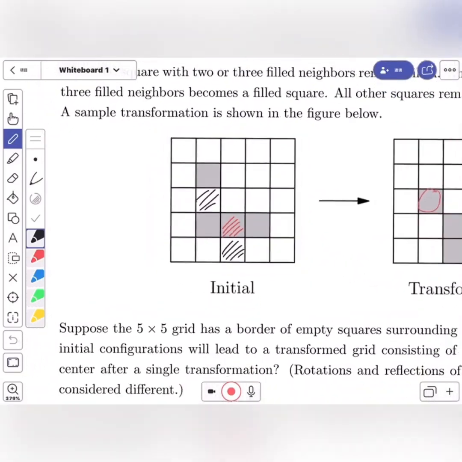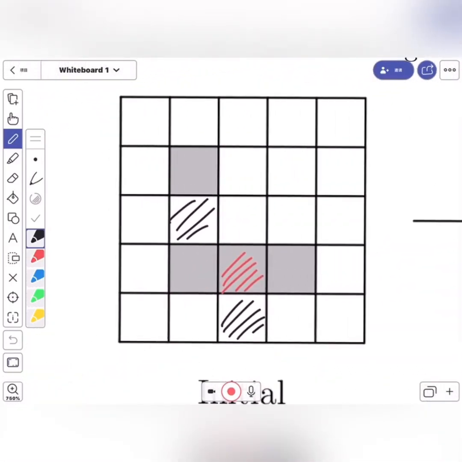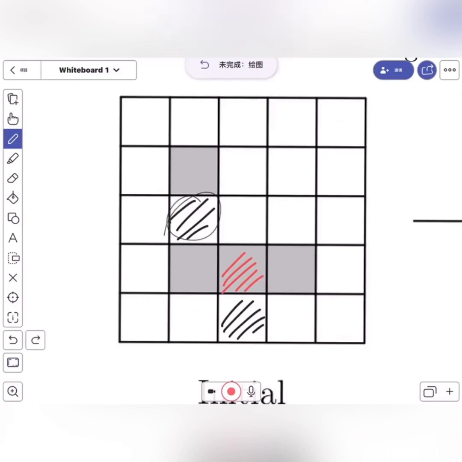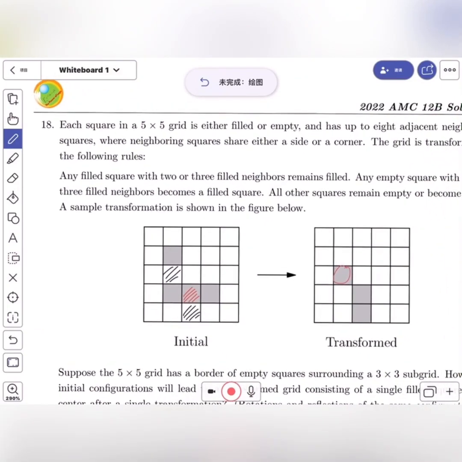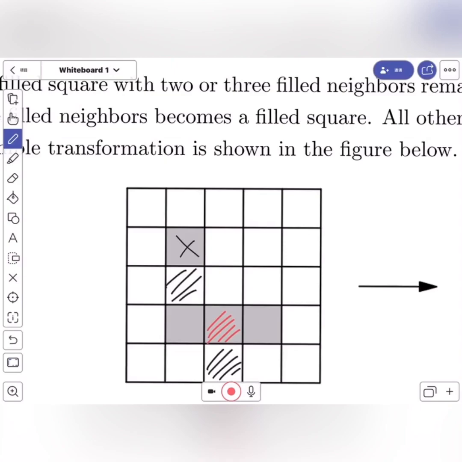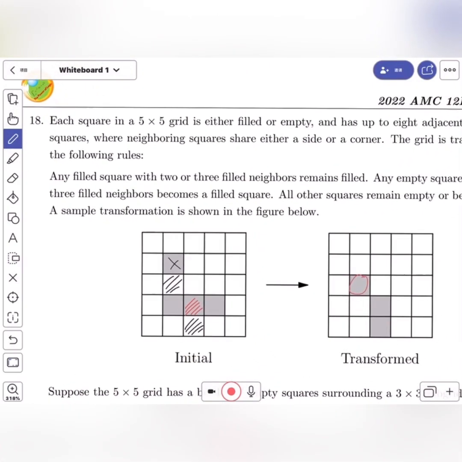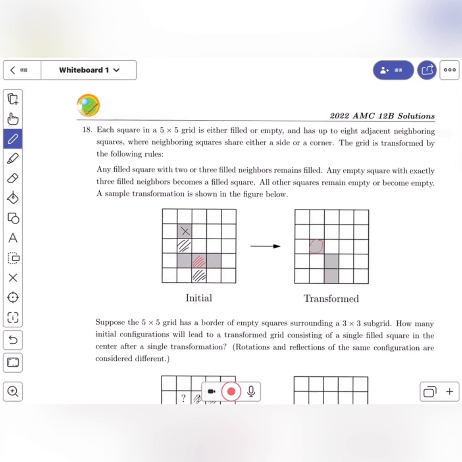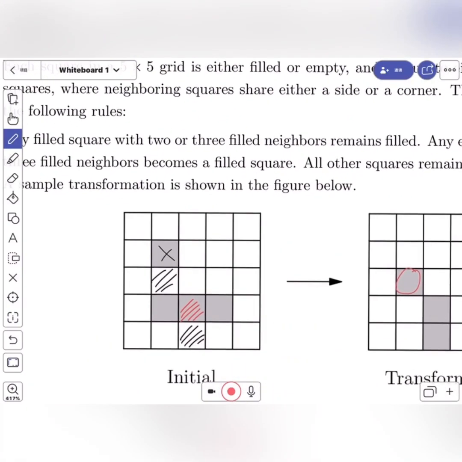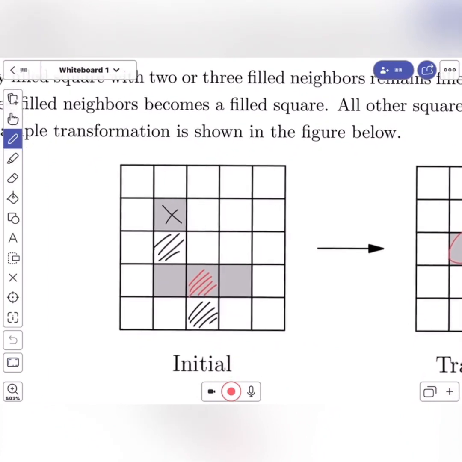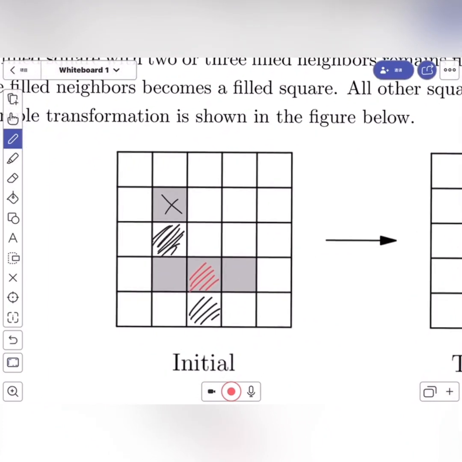So just a quick demonstration. In this case, any filled square with 2 or 3 filled neighbors remains filled. So we know that this one would just vanish. And any empty square with exactly 3 filled neighbors becomes a filled square. So we know that this one would become filled. And from that, this one would just go away naturally.